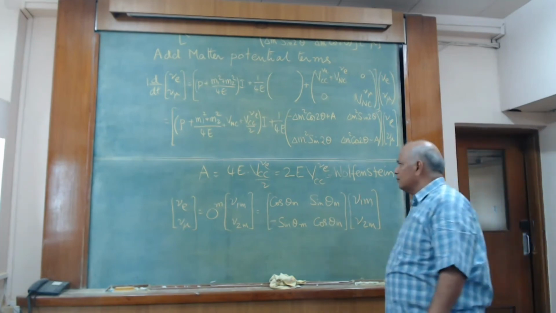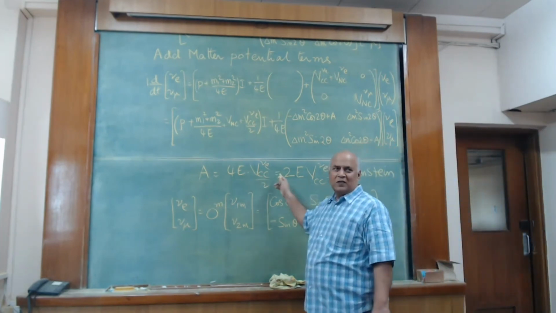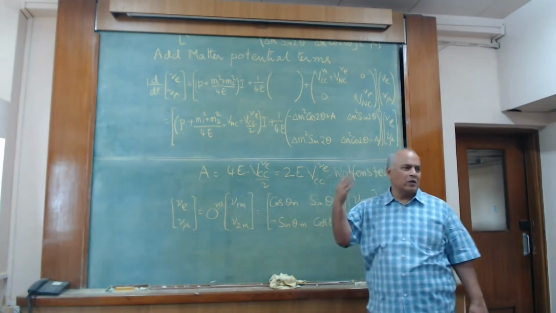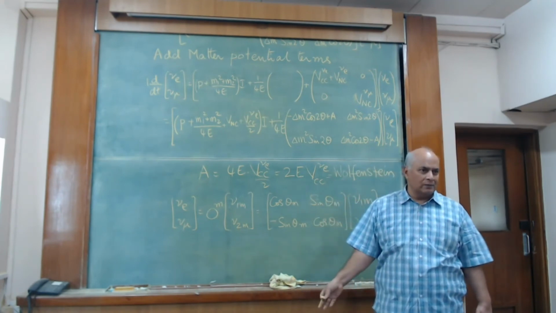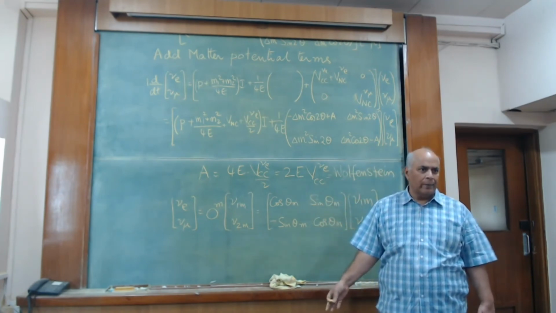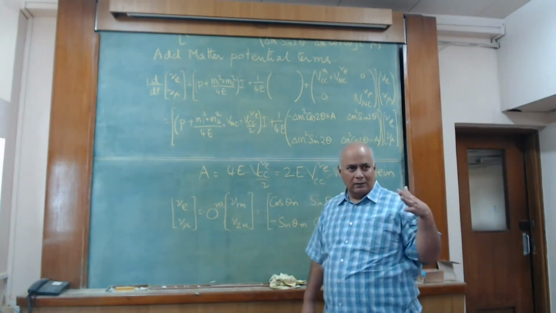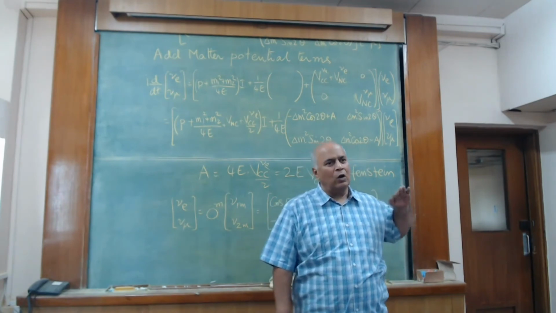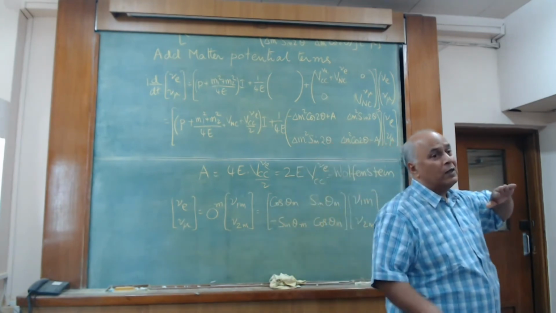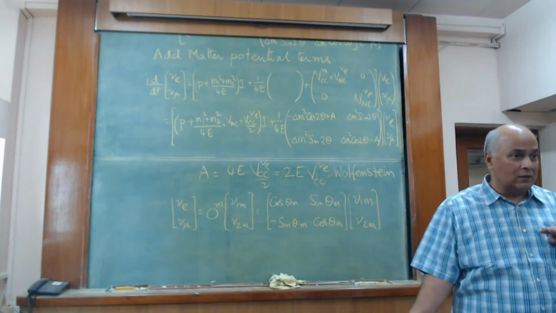If you remember, we wrote this V_CC being proportional to the electron density. Now, as the neutrino is moving through matter, does it see a constant electron density or does it see a varying electron density?